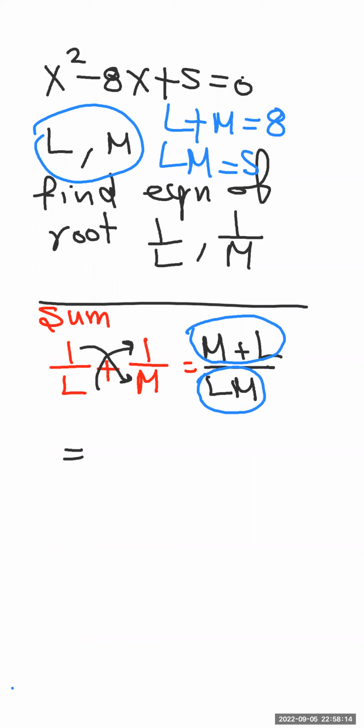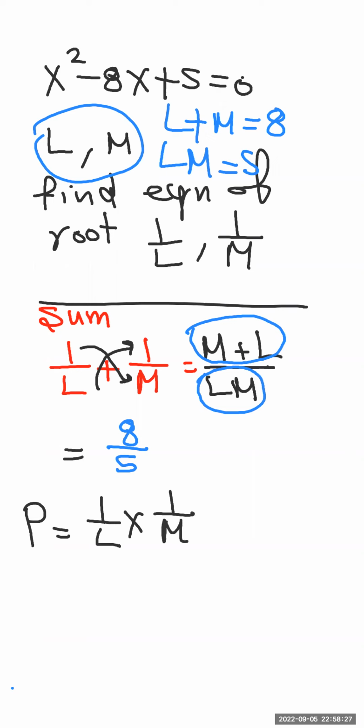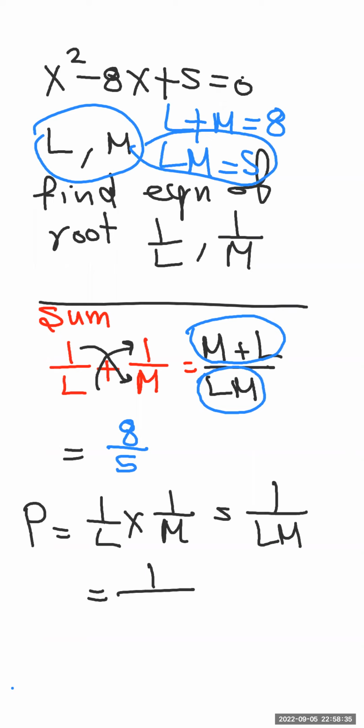So sum here, L plus M, equals 8, product equals 5 from the given equation. So this means that the sum of the two new roots will equal 8 over 5. Then get me the product. Product equals 1 over L times 1 over M, so it will equal 1 over LM. Now 1 over the product equals what? 1 over 5.